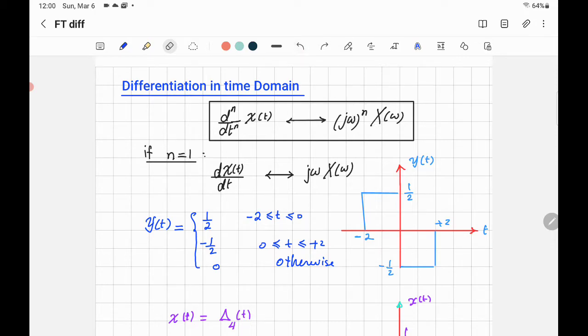So let's just take a special case. If n is equal to 1, it means we are differentiating the signal only one time with respect to t. So you get X of omega and multiply it only by j omega.